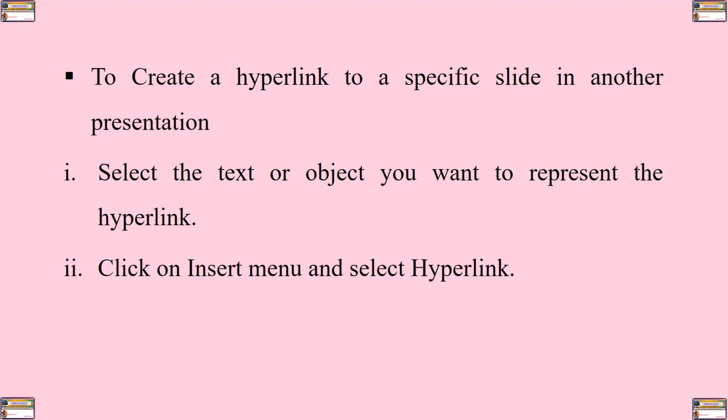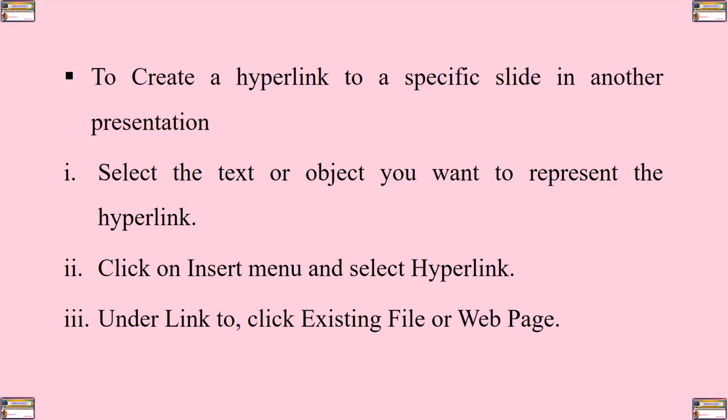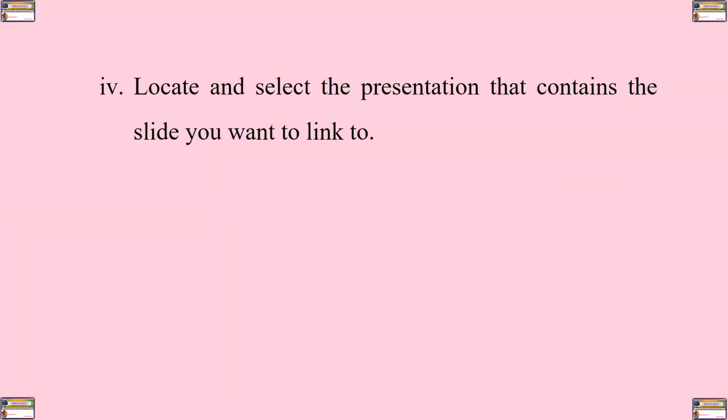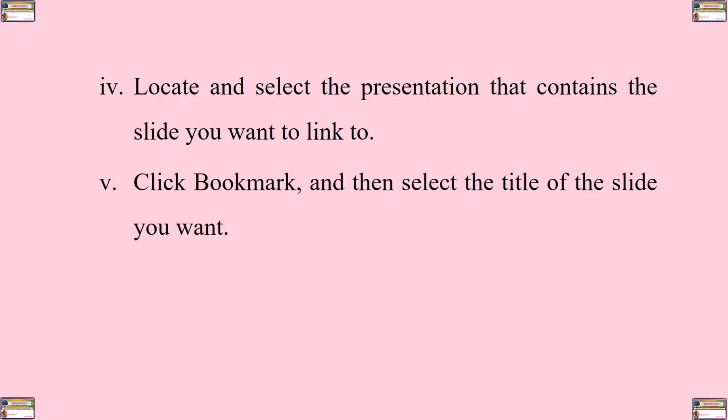Then click on the Insert menu and select Hyperlink. Under Link to, you click Existing File or Web Page. From there, you locate and select the presentation that contains the slide you want to link to. Then click Bookmark and select the title of the slide you want. Then you click OK.